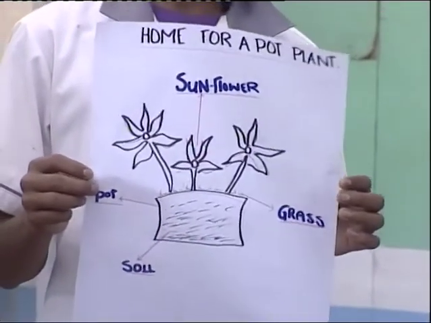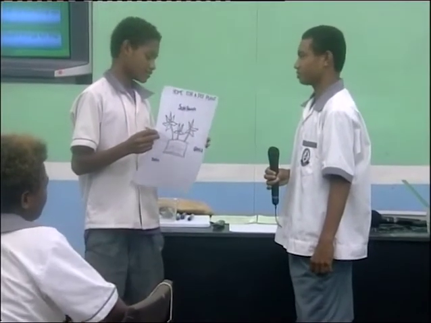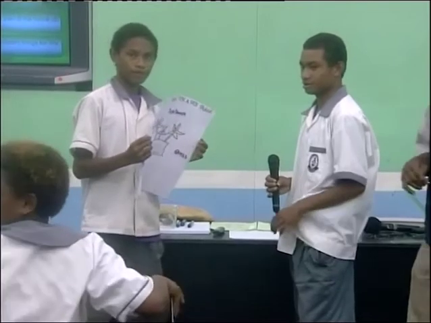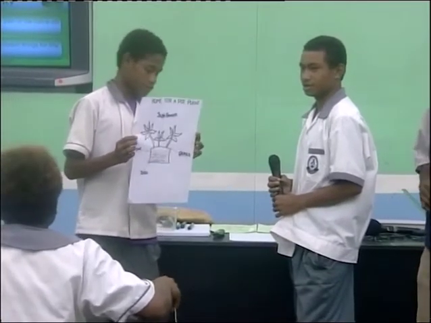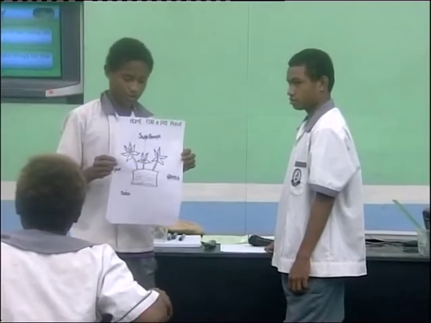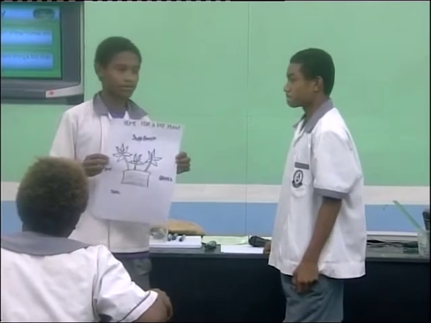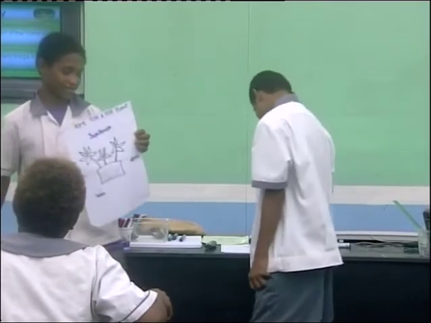Anyone from the class? Okay, Imelda, what do they need? Okay, carbon dioxide for them to breathe, so that will be all. All right, give a big clap to the two for their group.